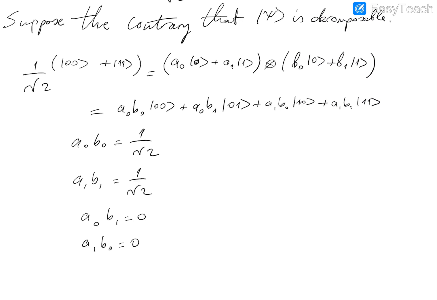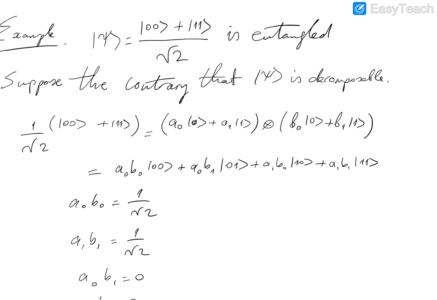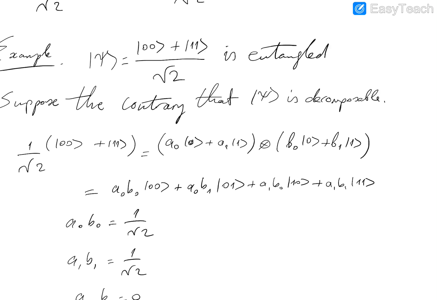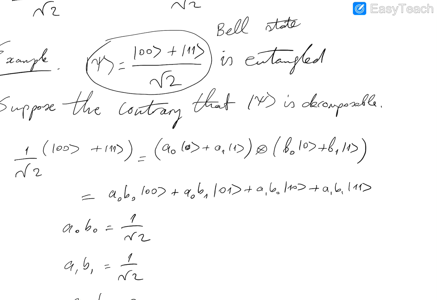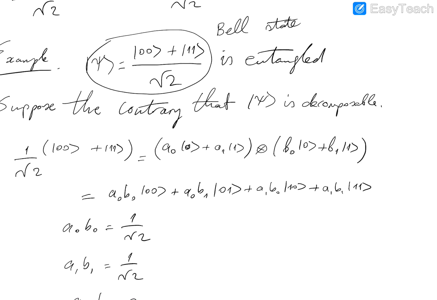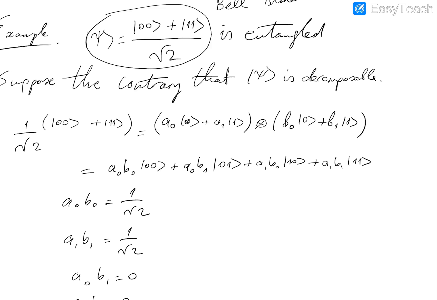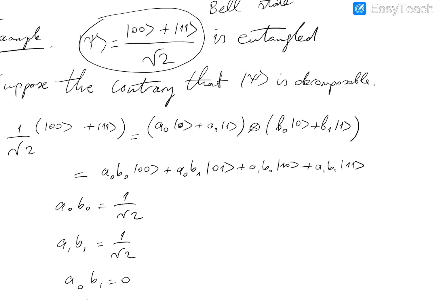Now observe what happens when we measure the Bell state. This is called a Bell state. In fact, this is one of the Bell states. We will see later on that there are a few more Bell states. So what happens if we measure this Bell state?